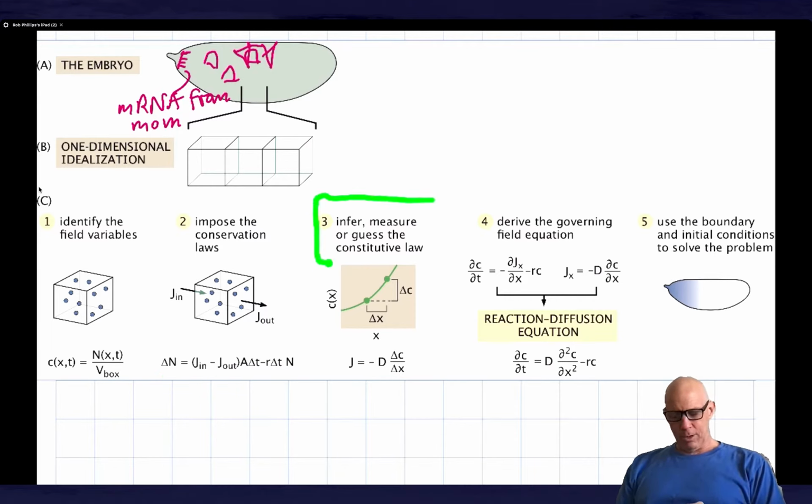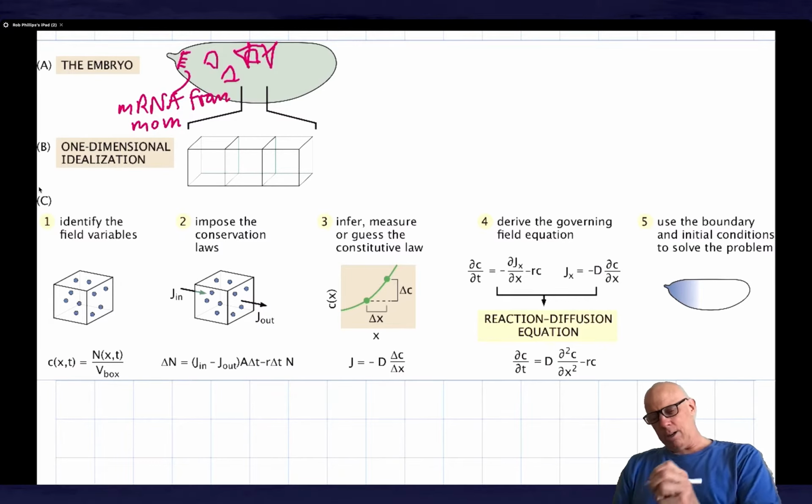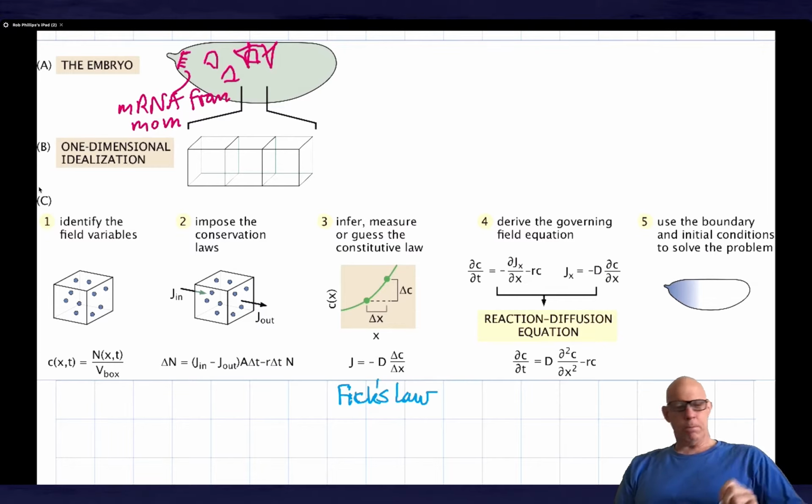Next is infer or guess or measure the constitutive law, and here we're going to exploit, as we have already done, Fick's law. So Fick's law is basically telling us that there's a diffusive flux. It's a phenomenological model, and I'm going to come back to phenomenology in a later philosophical interlude.